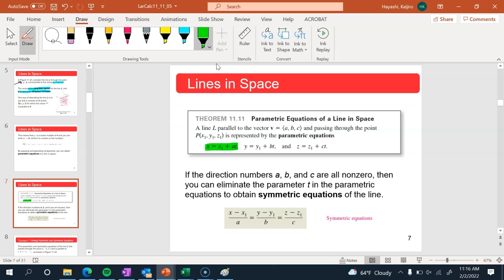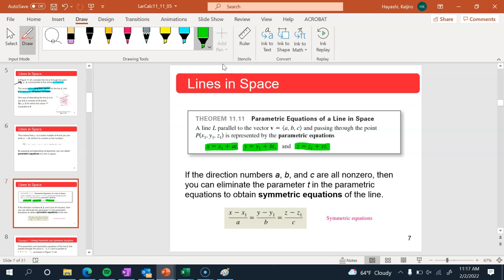A is the direction in the x direction. Y equals the y value of the point plus b times t, and z equals the z value of the point plus c times t.